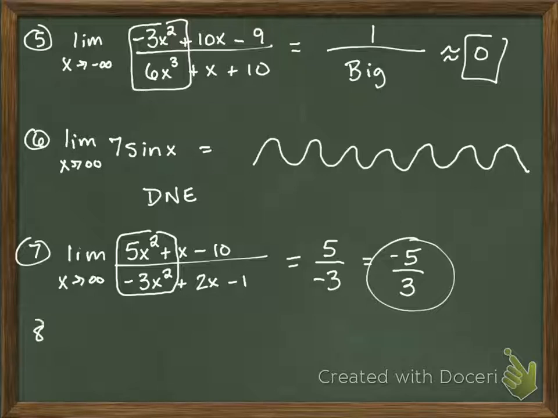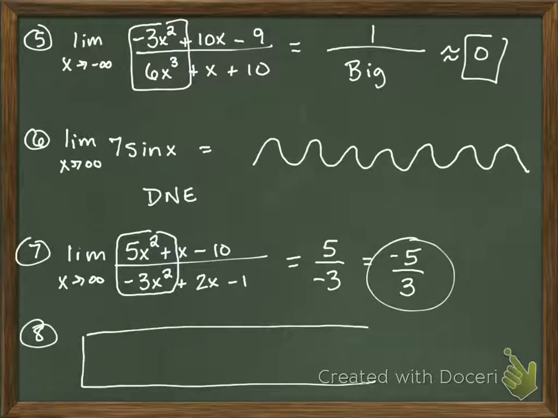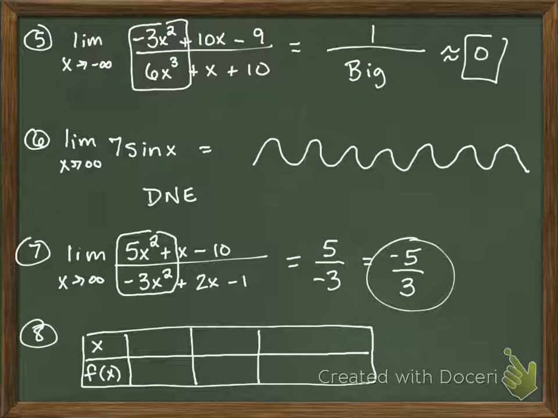Okay, look at number 8. All right, 8. This is going to be a table. Yeah, so here's x, here's f of x. All right, and in our table, we are going to try to see what x is approaching and what our limit is actually approaching on this type of thing.